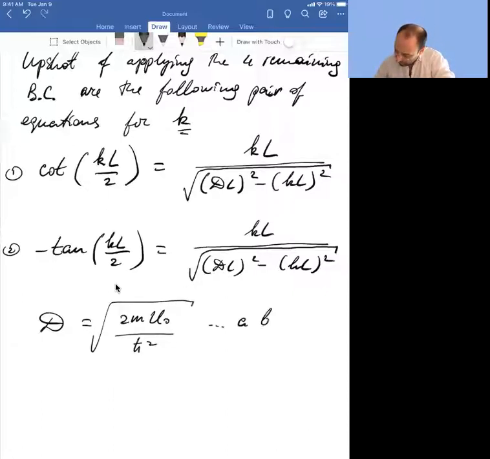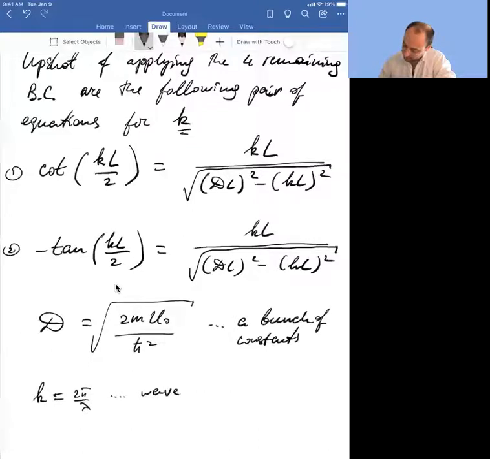A bunch of constants. And K, well, that's just 2 pi over the wavelength, right? So it's a wave number in region 2.